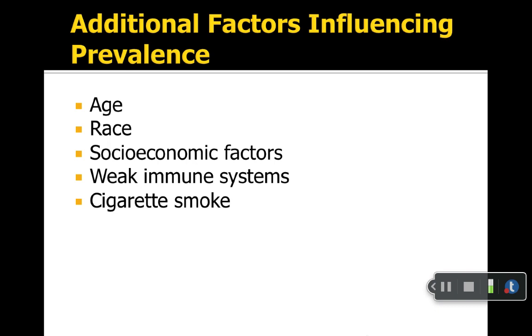For example, I remember on my Praxis exam, Eskimos were more likely to have middle ear pathologies, and it has to do with the structure of their face. They have rounder faces. So their eustachian tubes would be more on a horizontal angle than a vertical angle. There are socioeconomic factors. A weak immune system will create ear infections, and cigarette smoke.